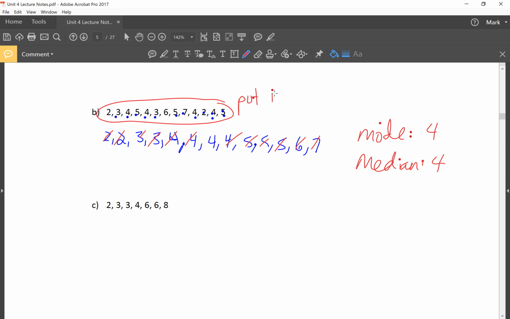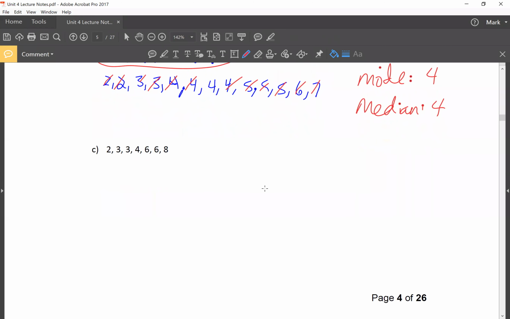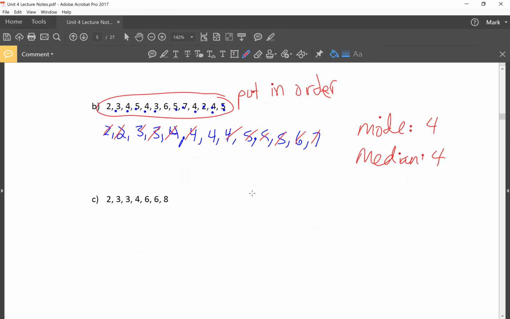So if you said 6 for your median, you are not correct. You have to put the numbers in order. Okay, is that clear for everybody? The only reason I'm stressing that is because there's no more practice problems. So I want to make sure everybody knows that you have to put them in order.